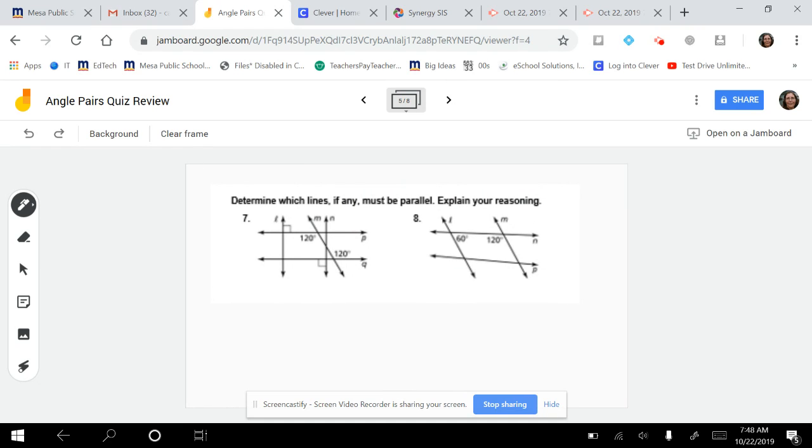Okay, so this one, decide which lines are parallel.